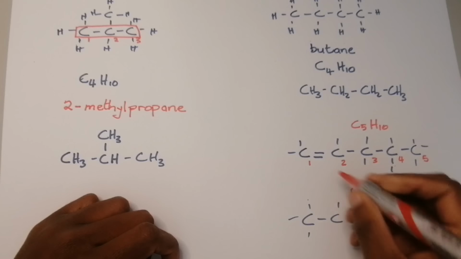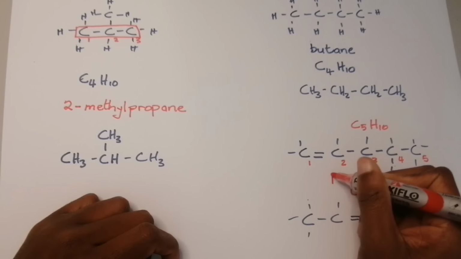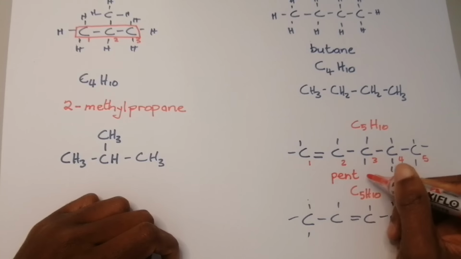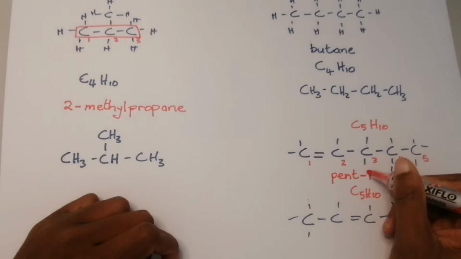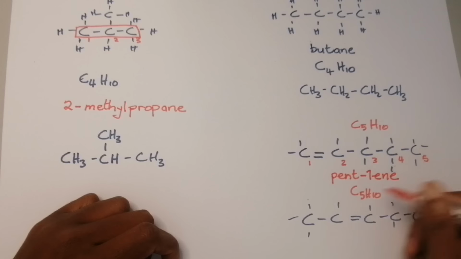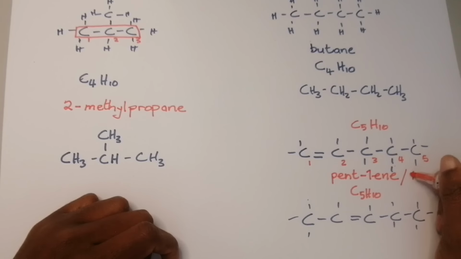It's 1, definitely. So we use pent-1-ene. So this becomes pent, it's 5 carbons, and at carbon number 1, I've got a double bond, which is the ene in there. Okay, nothing wrong if you wanted to say 1-pentene.